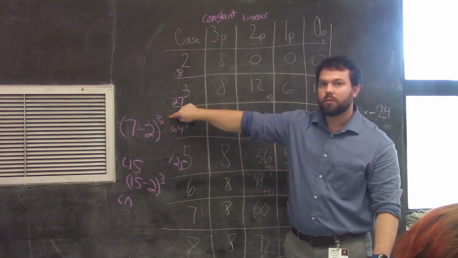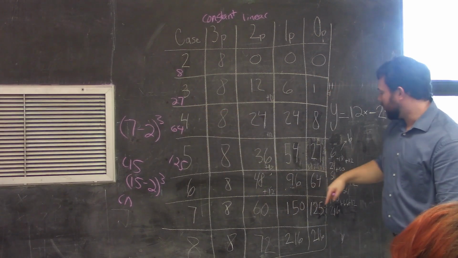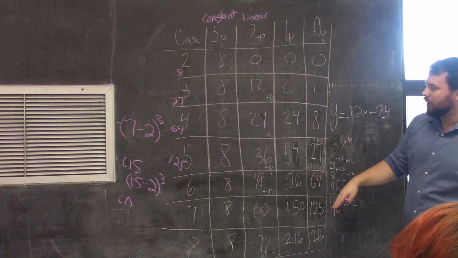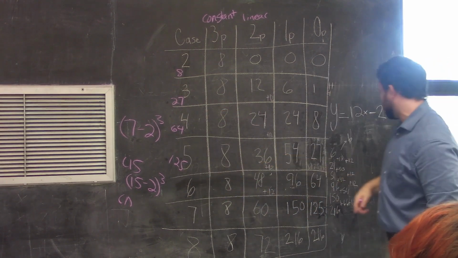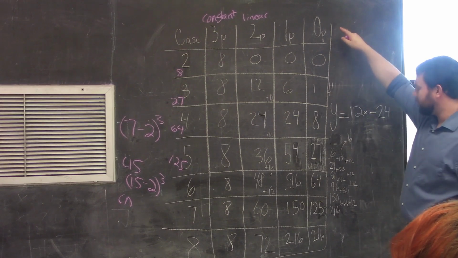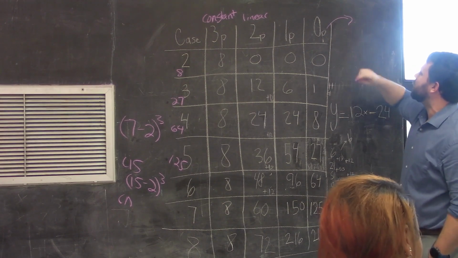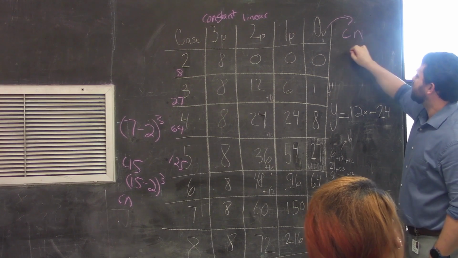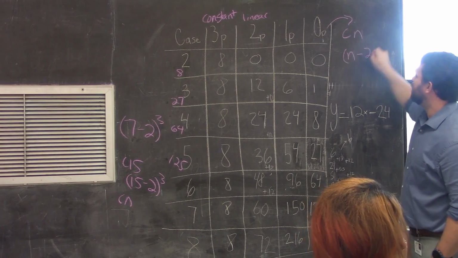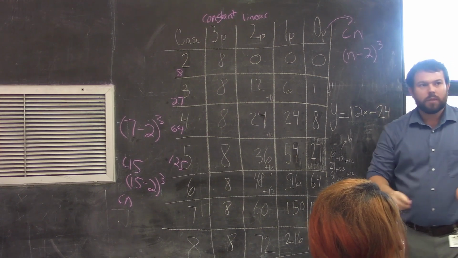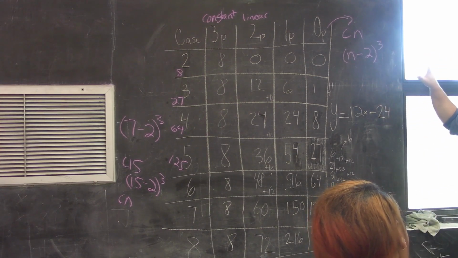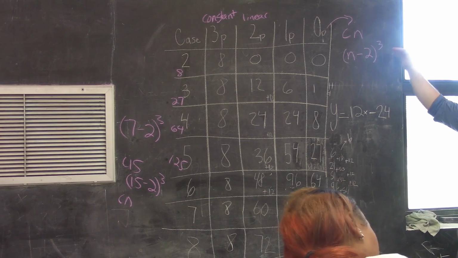We cube it, okay? So we're starting to notice, and so for case N, for the 0 painted faces, what would the expression be? N minus 2 cubed. So N minus 2 cubed. All right? N minus 2 cubed. And so 0 painted faces is what type of function?